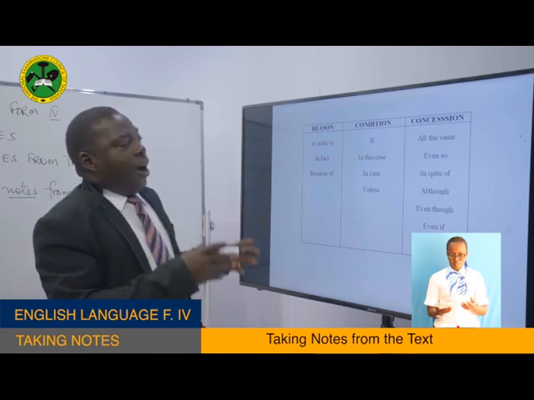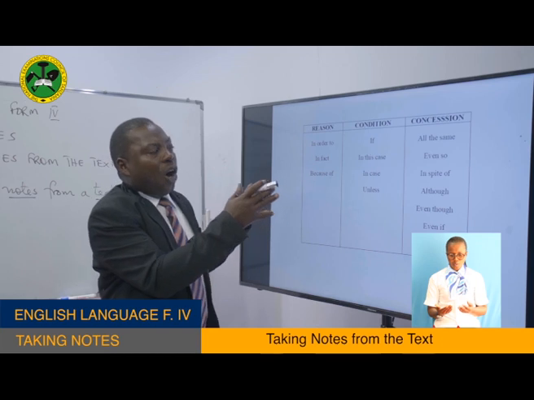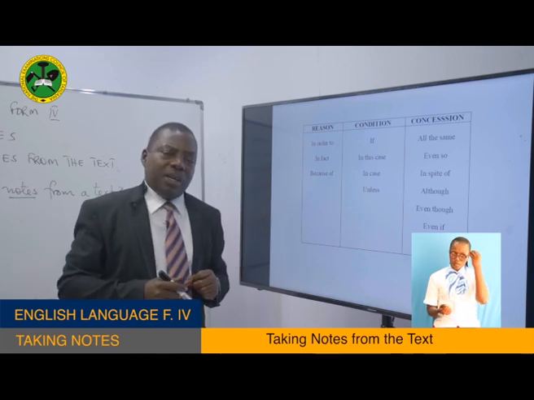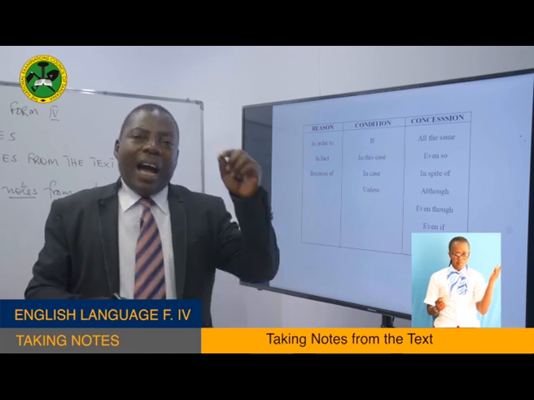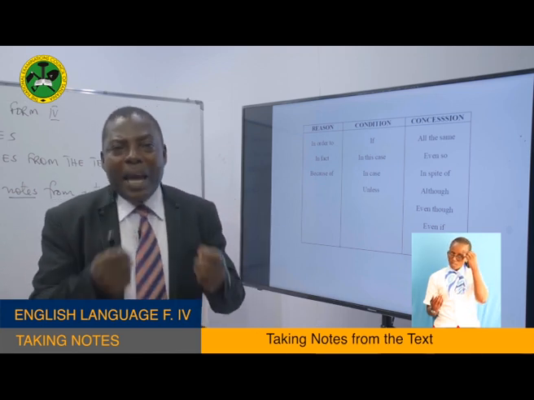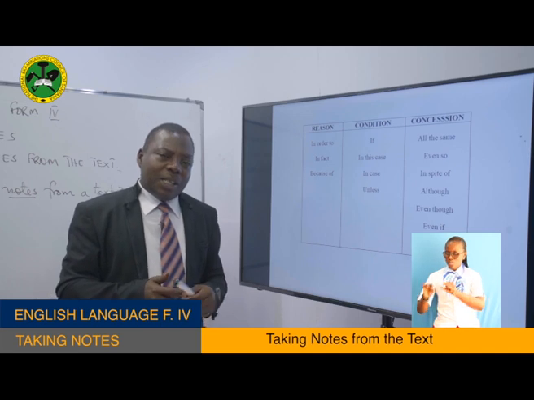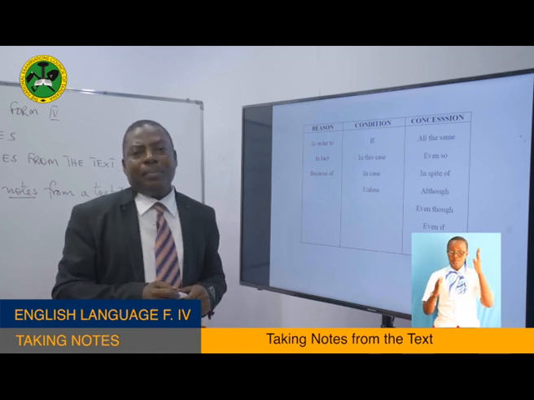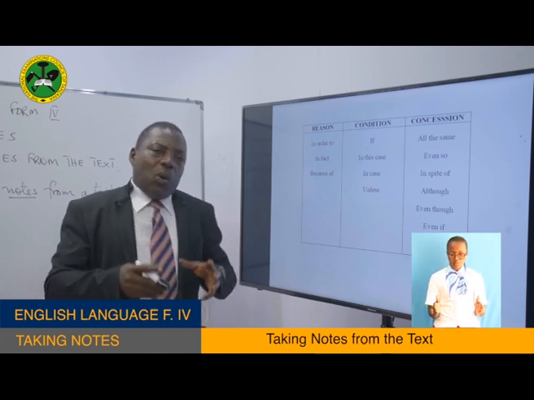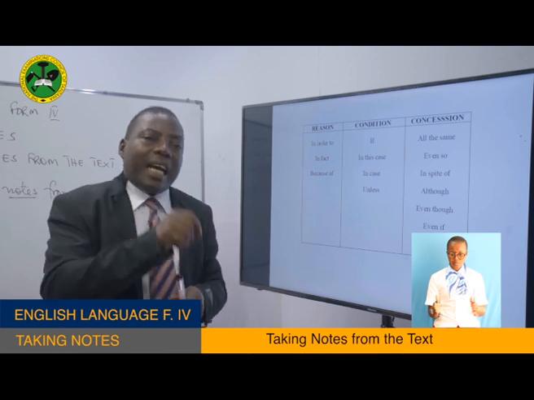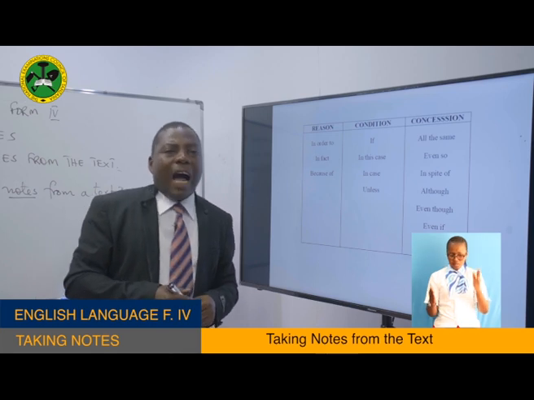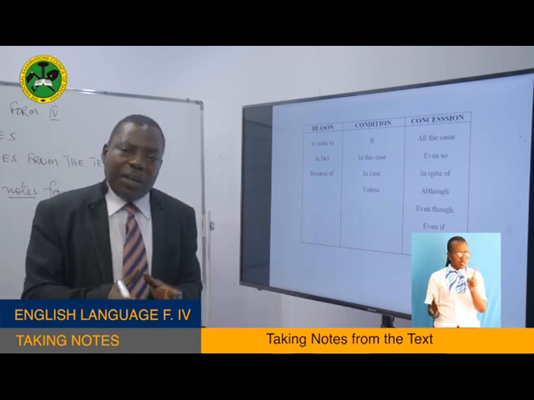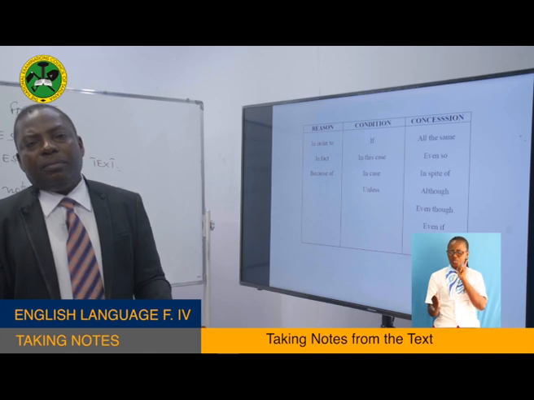Now, having a knowledge of these linking signals, you now know how you can identify a main idea. So how do we write that main idea? When we are writing, or when we take down the main idea, we don't have to write everything that we read.